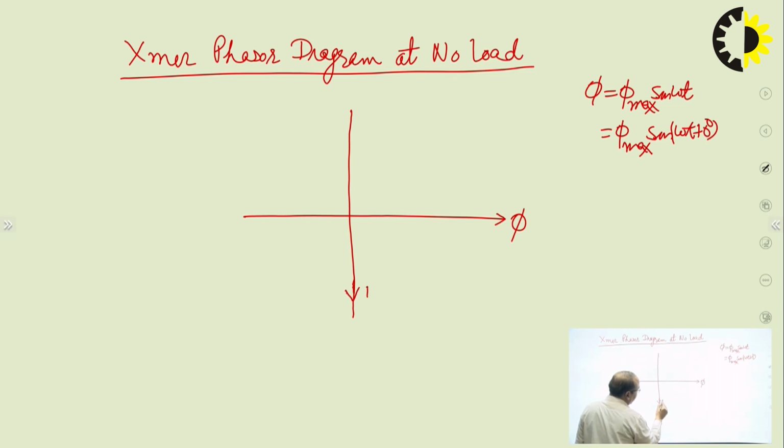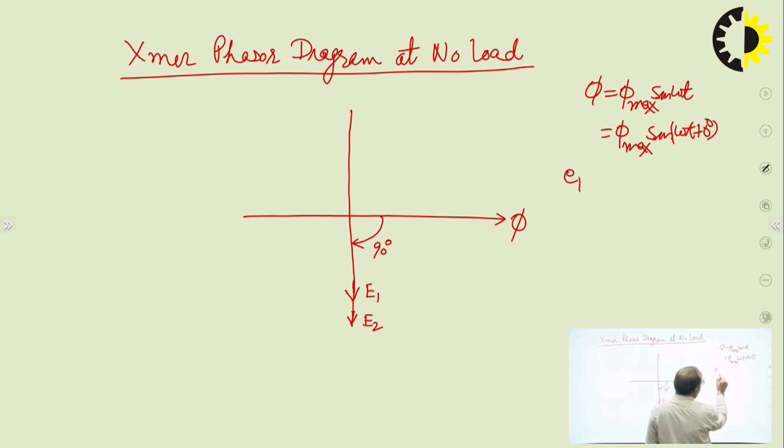when we derived the induced EMF equation of the primary and secondary. There we found that the induced EMFs on the two sides lag by 90 degrees from the flux. So this is 90 degrees lagging from flux. The expression for induced EMF we found: E1 is given by E max 1 sine omega t minus 90 degree.